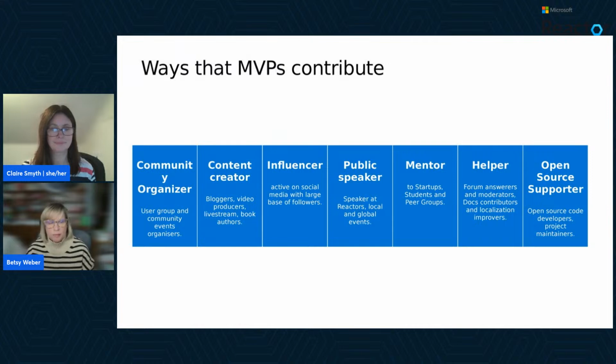As we've talked about, MVPs contribute to the community in a variety of different ways. Some like to organize events or user groups. Some like to do public speaking. Some write books or create tutorials or have podcasts or help in forums or mentor students. There are many different ways that MVPs contribute to the community.